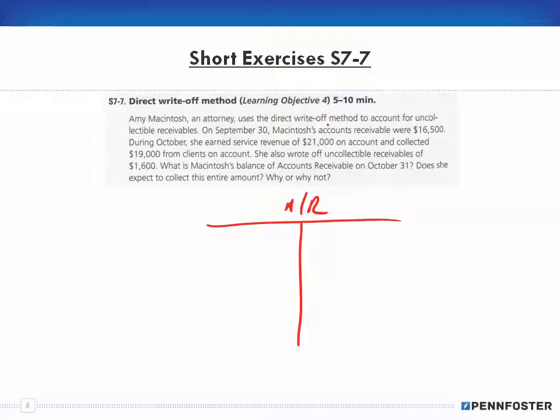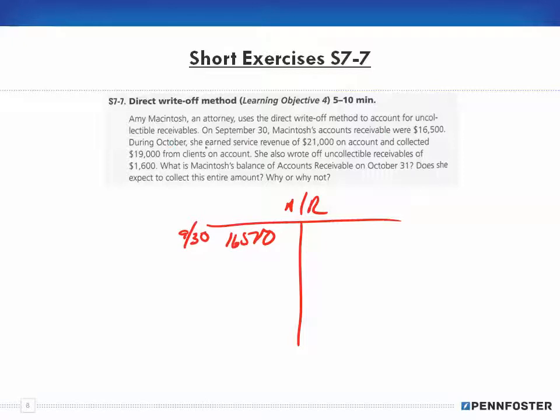All right, so it says here on September 30th, her receivables were $16,500. So she had $16,500 on 9/30. That's what her receivable account says.